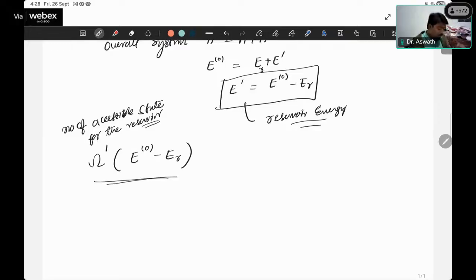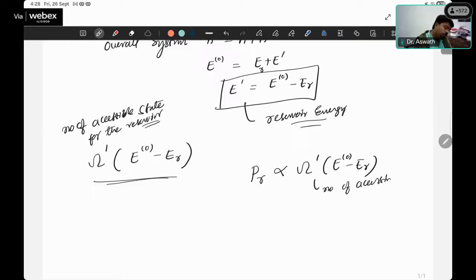Now, if I ask what is the probability of the system to exist in a state R, obviously it is going to depend on the number of accessible states of the reservoir. I'm just trying to derive what the probability is.